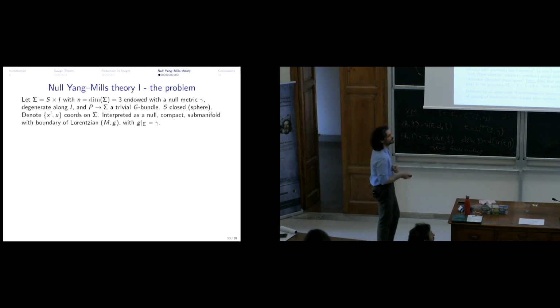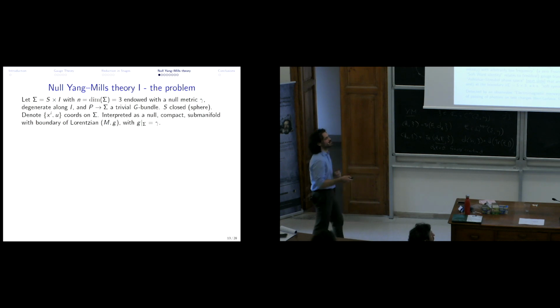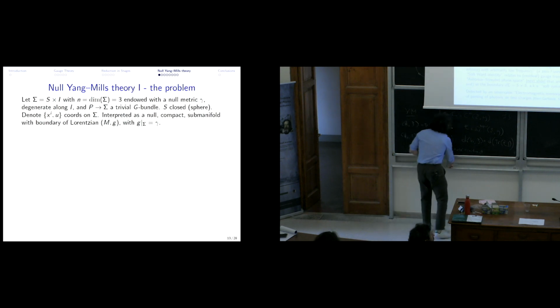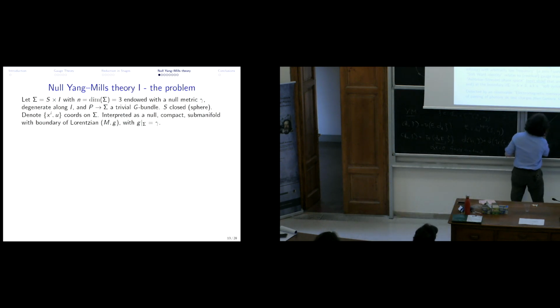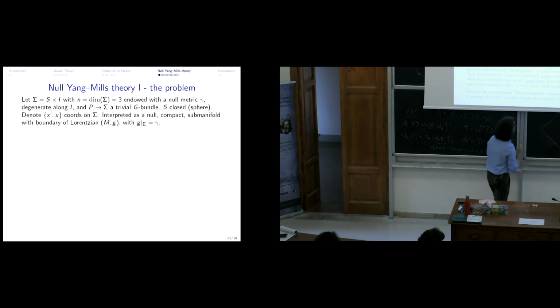Why is this relevant? Well, this is interpreted as a null compact submanifold with boundary of a Lorentzian manifold. Okay, so you should really think of a picture like this, where this is some Lorentzian manifold, and I'm considering sigma here.